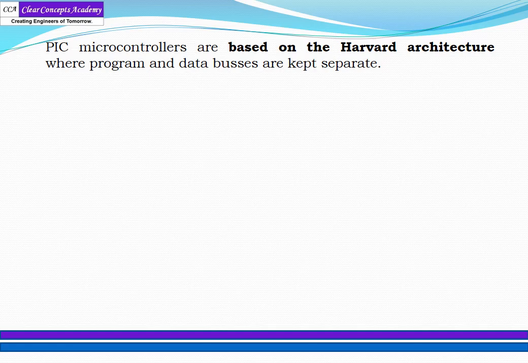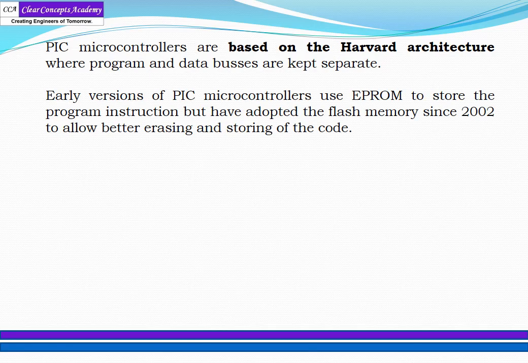PIC microcontrollers are based on the Harvard architecture, where program and data buses are kept separate. We have seen already in the earlier diagram. Early versions of PIC microcontroller use EEPROM to store the program instructions, but have adopted flash memory since 2002 to allow better erasing and storing of the code.